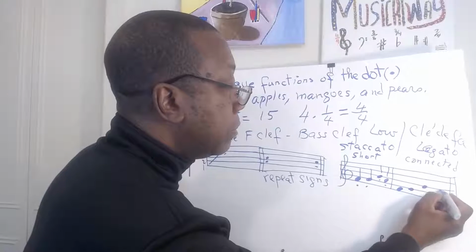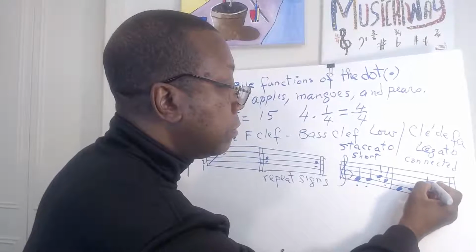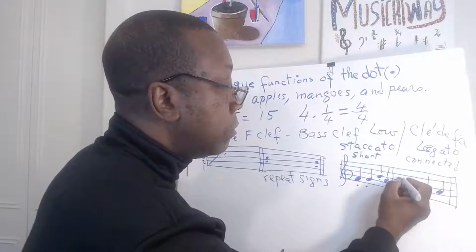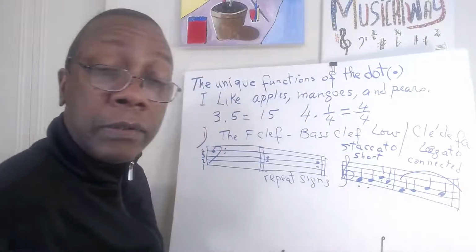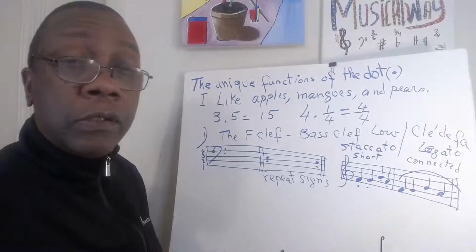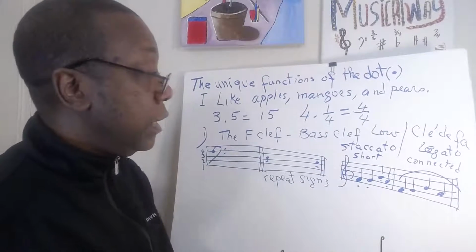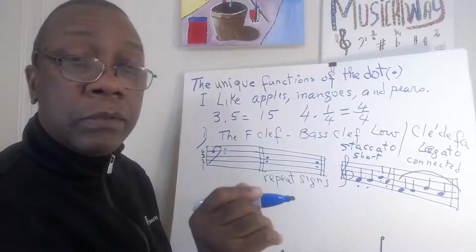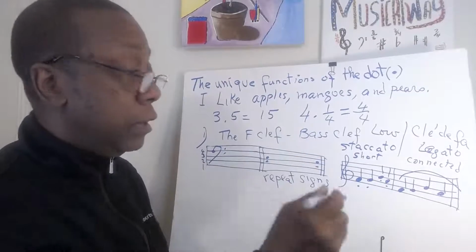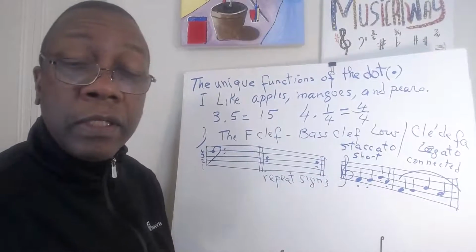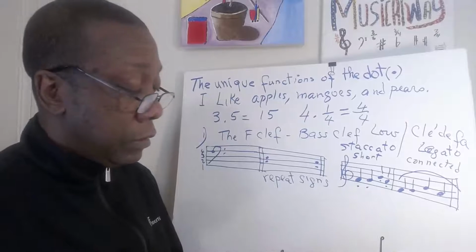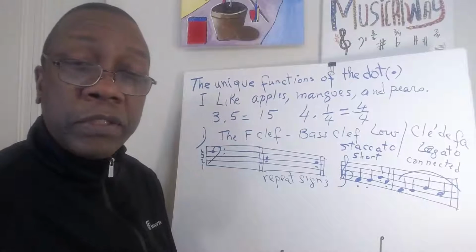And then, if I have the same notes with a slur, here we do, re, fa, mi, connected. And then staccato will be do, re, fa, mi. That's the difference. The dot is part of the musical expression.